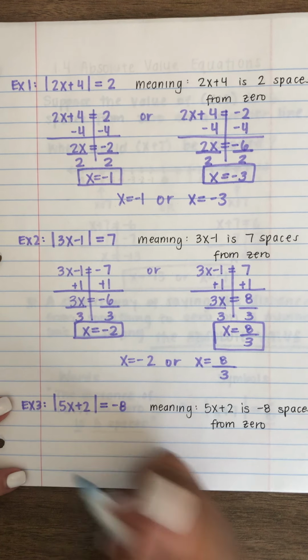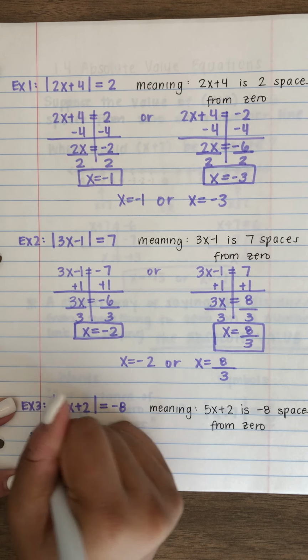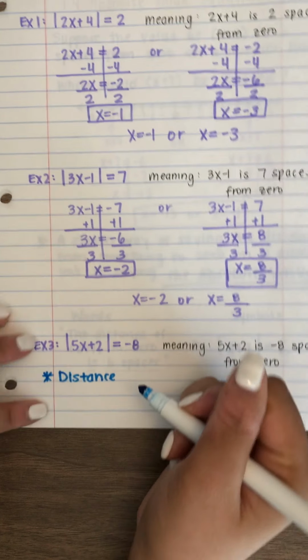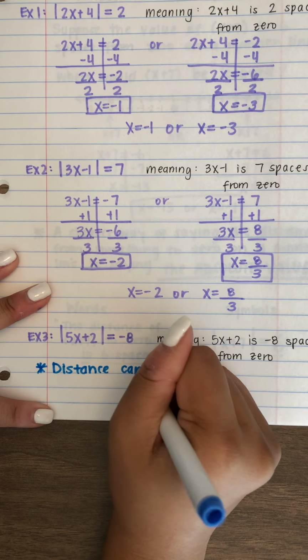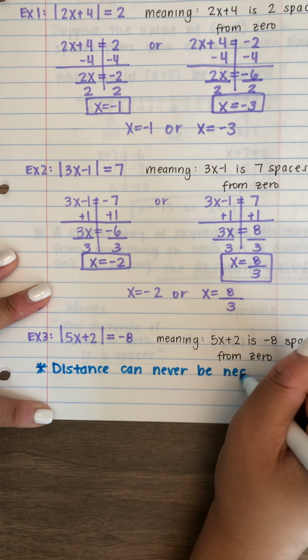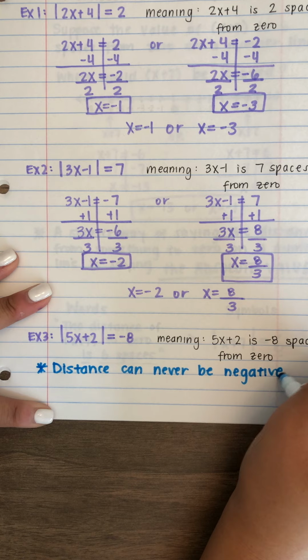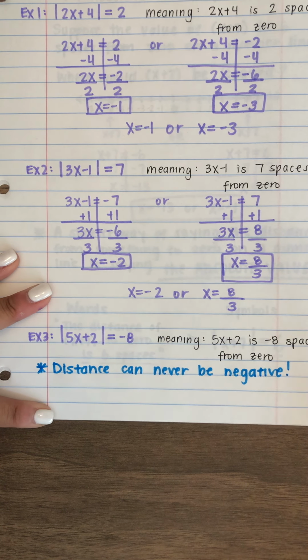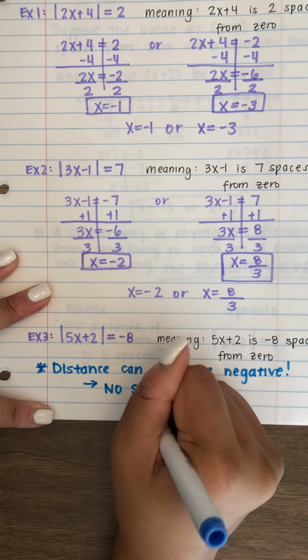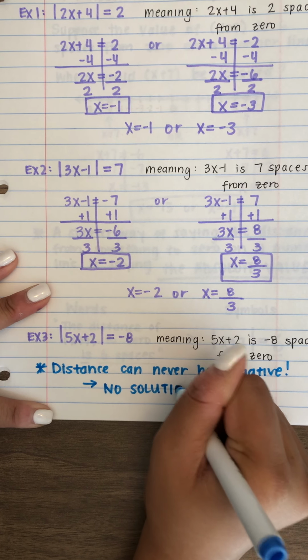So I'm going to put a note here. Distance can never be negative. So that means that there's no solution.